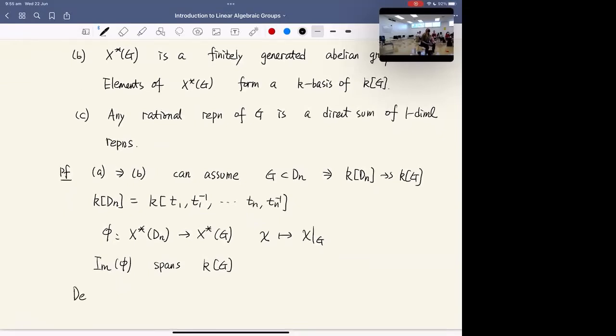Now we will use a lemma of Dedekind's. It says that for any group, these characters are linearly independent.